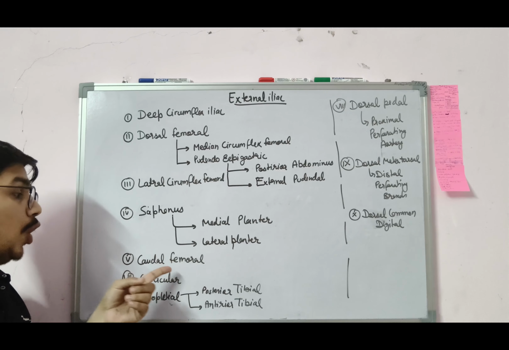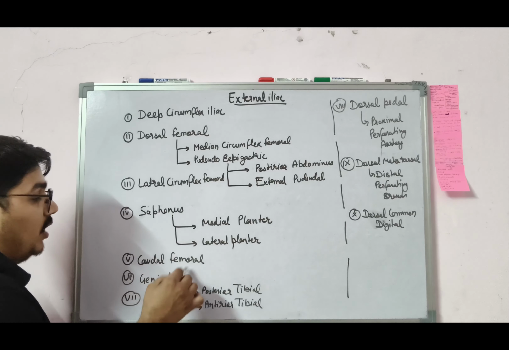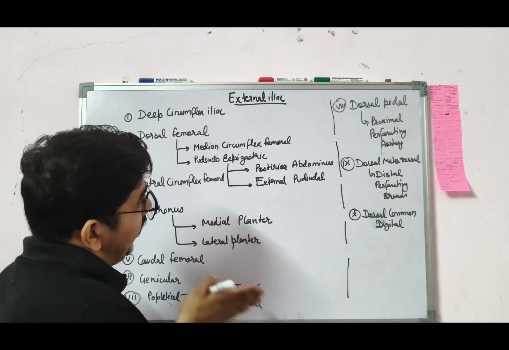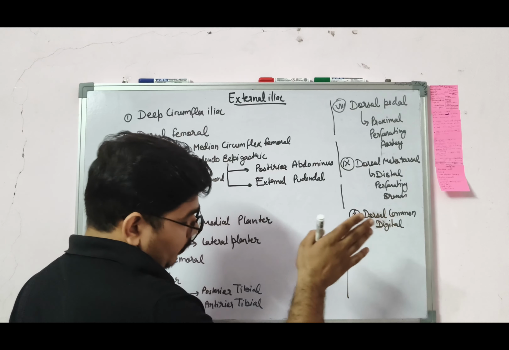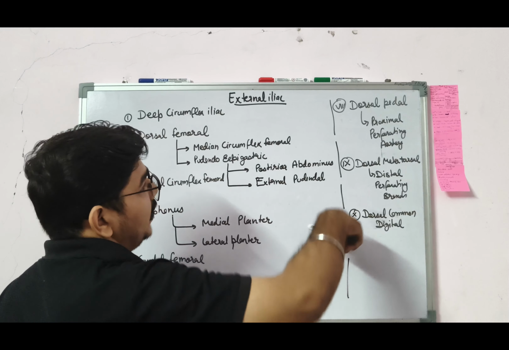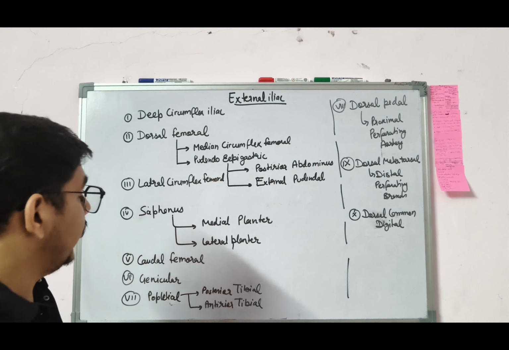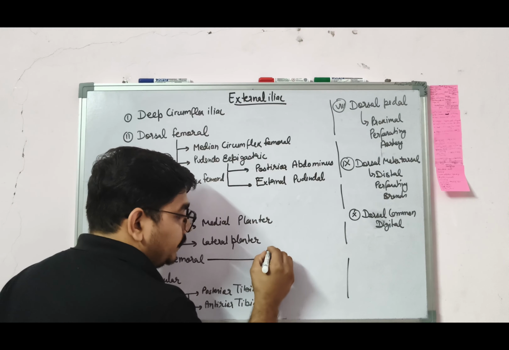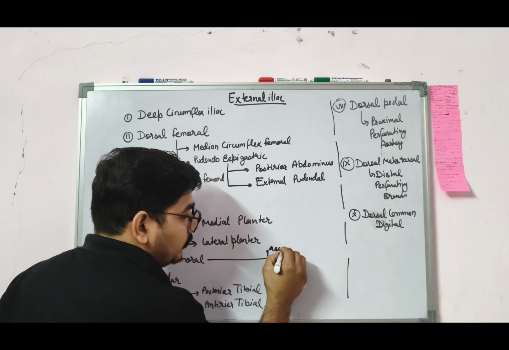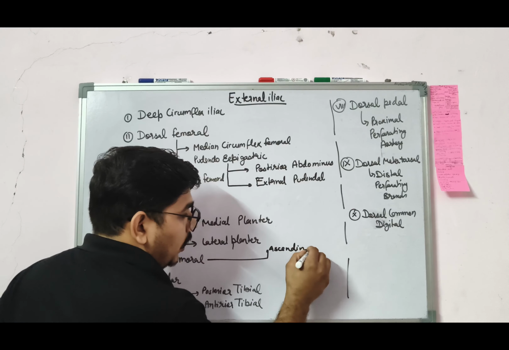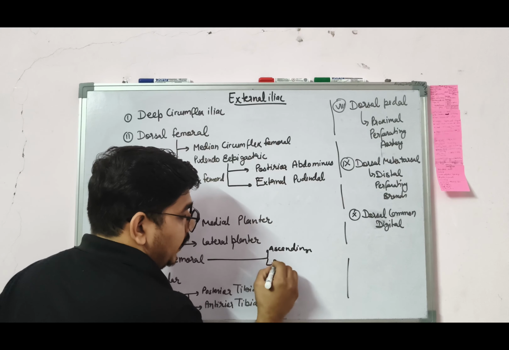The fifth one is caudal femoral, which emerges caudally and bifurcates, one branch to the above part and one branch to the below. The above one is known as ascending, and the below is descending.